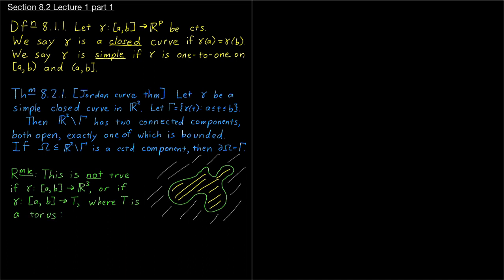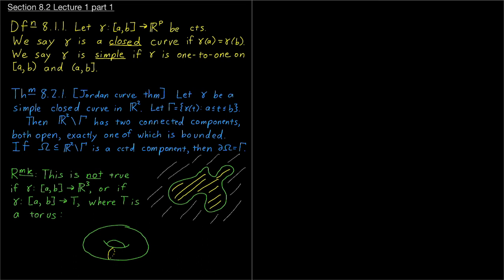If your metric space is the surface of a donut, the surface of an inner tube, then you can have a simple closed curve gamma that wraps around, and that isn't dividing the torus into two pieces. You cut it there, you still get one piece, one cylinder.